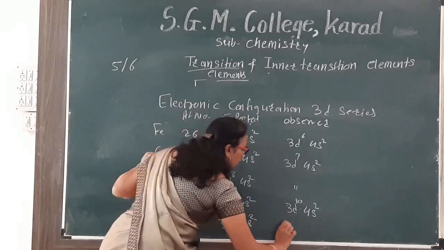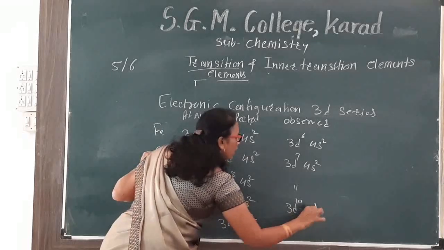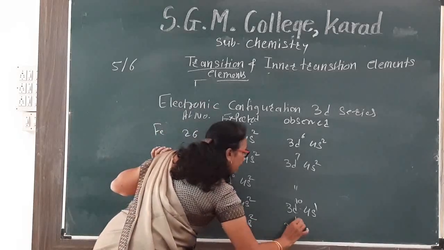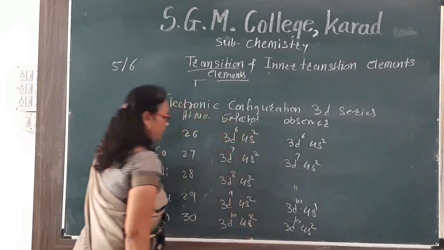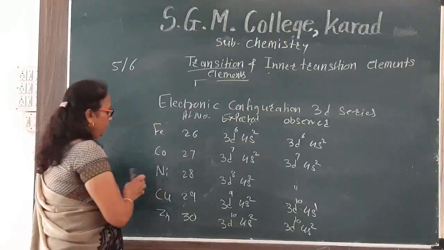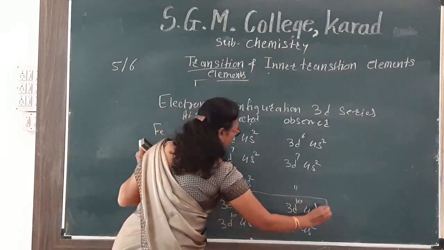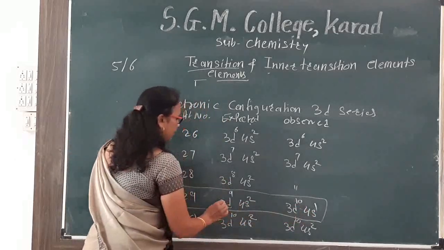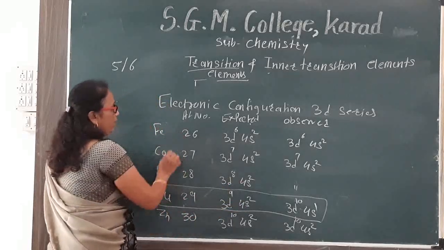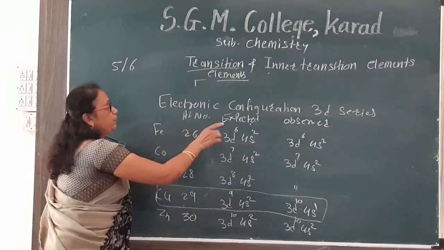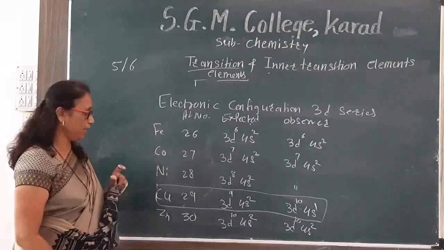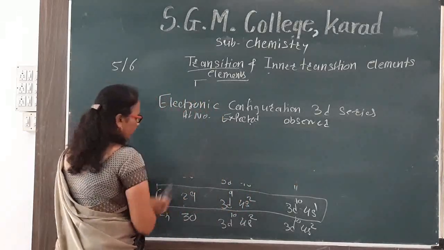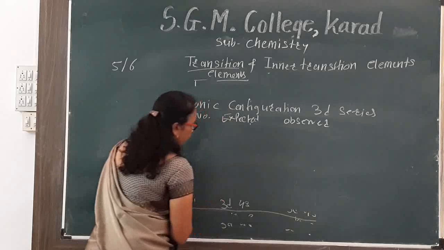In copper, it is not 4s2 but 4s1. In zinc, 3d10 4s2. Only in copper is the observed configuration 3d10 4s1 and the expected 3d9 4s2. All the other elements have the same expected and observed configurations. Then why are the expected and observed configurations of copper different? We will see.